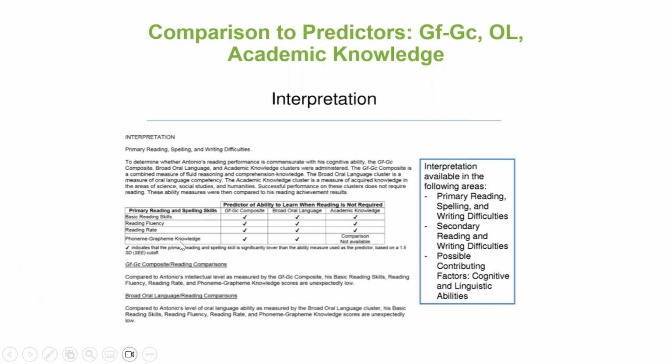And again, it's going to provide you with checks in here. It indicates that primary reading and spelling skill is significantly lower than the ability measure used as a predictor. So we see here that in comparison to this student's GFGC composite, the student has significantly lower performance in all areas that require reading, essentially.